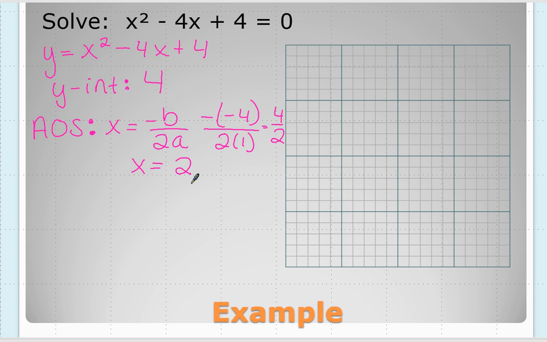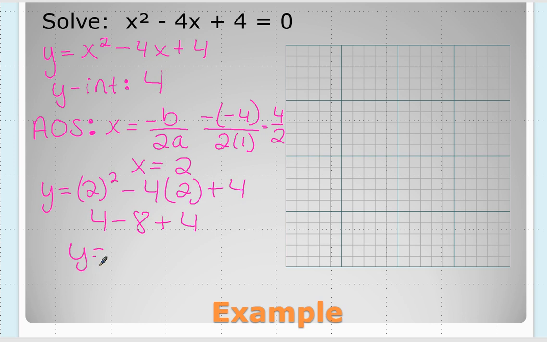So I need to find my y value. So I'm going to substitute in x for y. So y equals 2 squared minus 4 times 2 plus 4. 2 squared is 4. 4 times 2 is 8 plus 4.